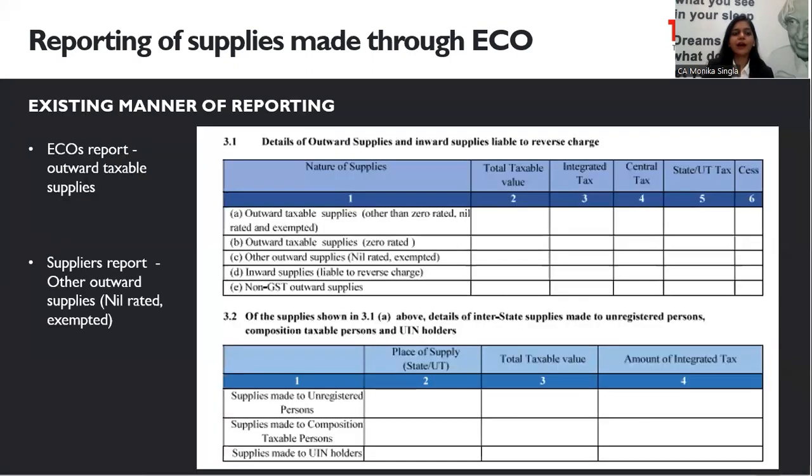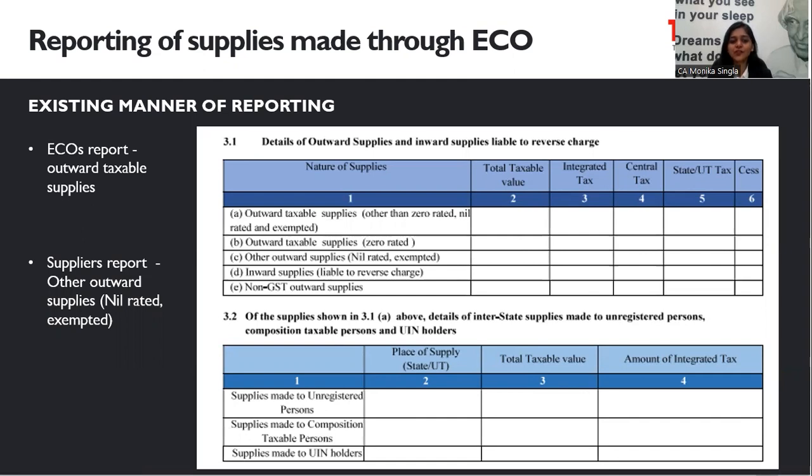So currently how was this reporting made? On account of e-commerce operators, all the supplies, be it the commission, be it the supplies on which tax is to be paid under section 9(5) or any other supply, all of them were to be reported in outward taxable supplies other than zero rated, nil rated and exempted supplies.